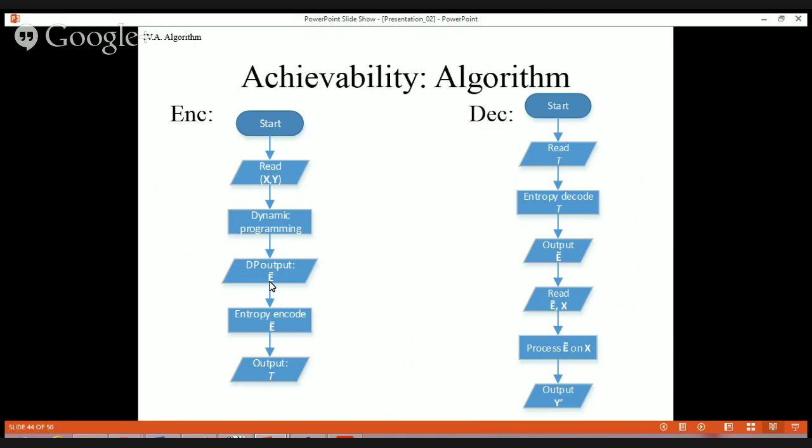The dynamic programming outputs an edit pattern tilde E, and the encoder uses an entropy encoder to encode the edit pattern tilde E to output the transmission T. The decoder receives T and applies the entropy decoder corresponding to the entropy encoder used by the encoder on T to obtain the edit pattern tilde E. And by processing the edit pattern tilde E on X, it reconstructs the new sequence Y prime.